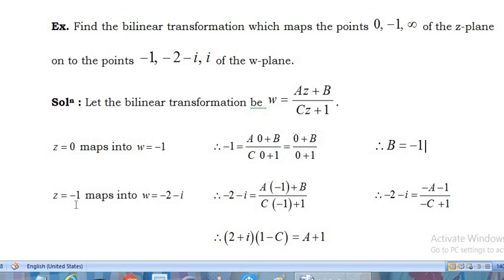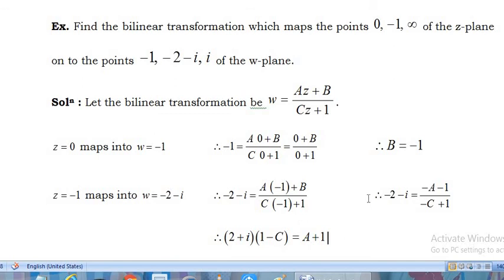z equal to minus 1 maps into w equal to minus 2i. Therefore minus 2i is equal to (a times minus 1 plus b) upon (c times minus 1 plus 1). So let us put b is equal to minus 1 here, and we will be getting minus 2i is equal to (minus a minus 1) upon (minus c plus 1).